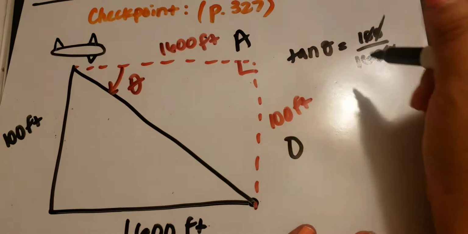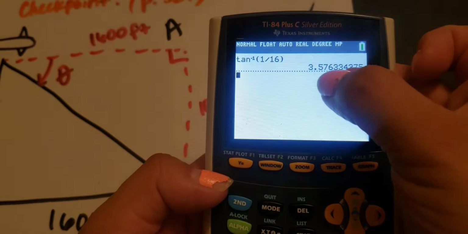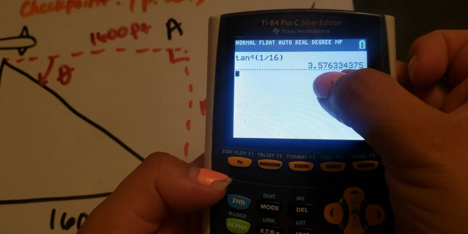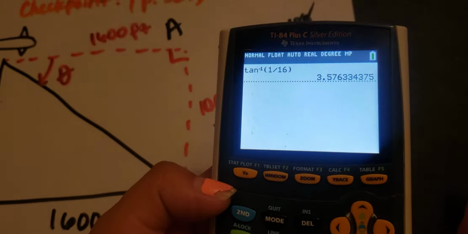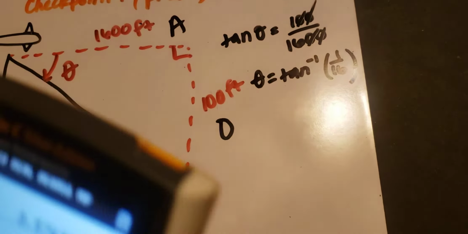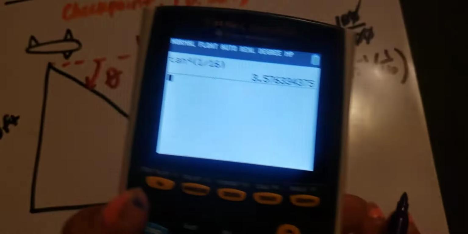And that should give me approximately 3.58 degrees, or usually angles, we actually like them as whole numbers.